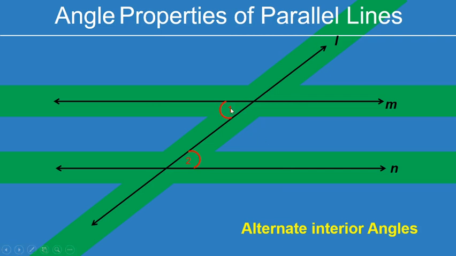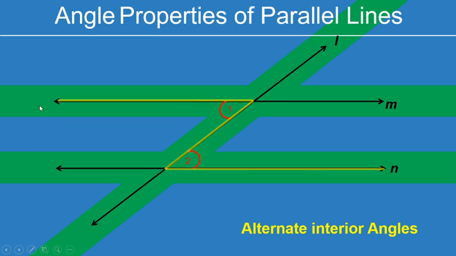These two angles are in the interior, but in a transverse way. Look here, we are getting a Z formation. So the angles in the Z formation in the interior are alternate interior angles.